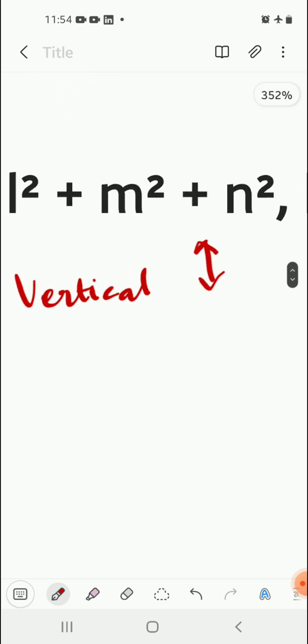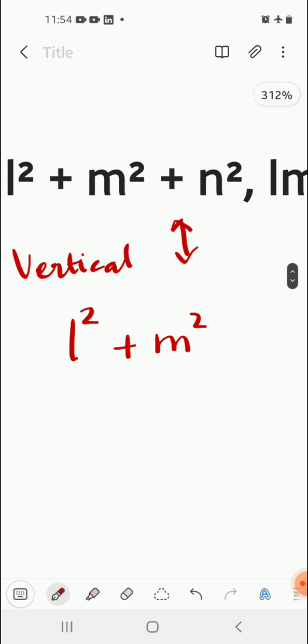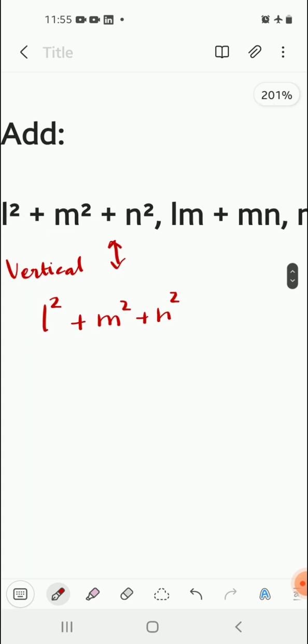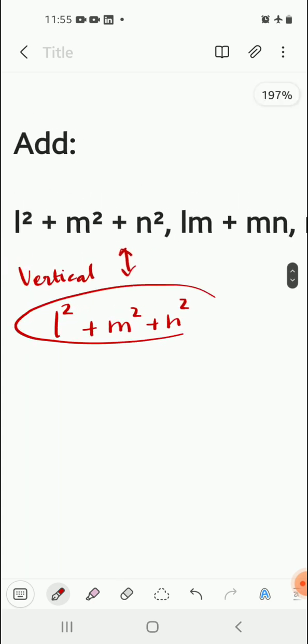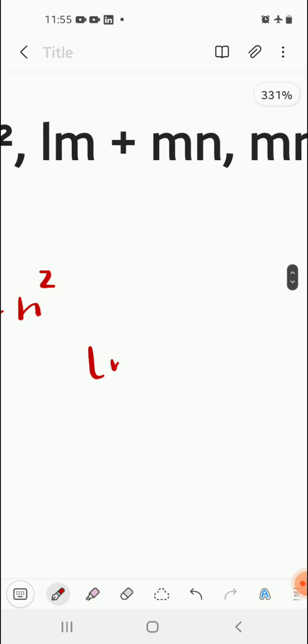So first of all, we are going to write down these terms. L square plus m square plus n square. Next, we have got Lm plus Mn. Now, Lm and Mn, there is nothing common over here, so we are going to straight away write this after this. So it is Lm, Mn.